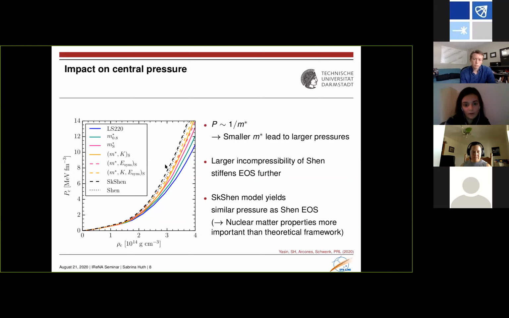And when you now compare the pressure from the SK Shen EOS and the original Shen EOS, then you see that they are quite similar here. This means that in this study, the nuclear matter properties are more important than the underlying model. So it's more important which nuclear matter properties you take than whether you use a Skyrme energy density functional or a relativistic mean field.